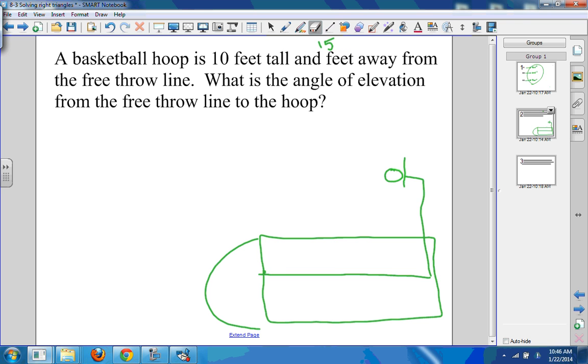We have the height of the basketball goal, right here, is 10 feet. And it is 15 feet away from the free throw line.